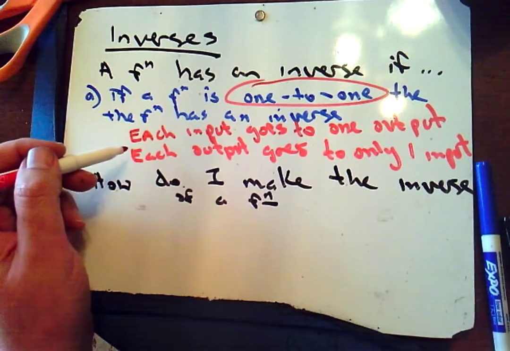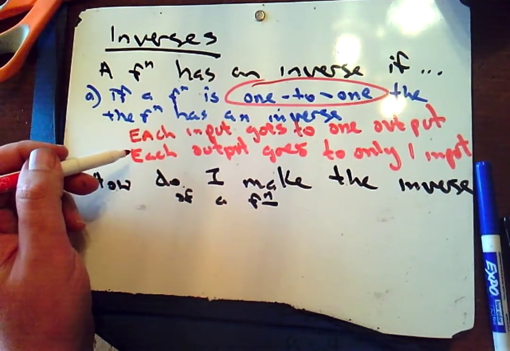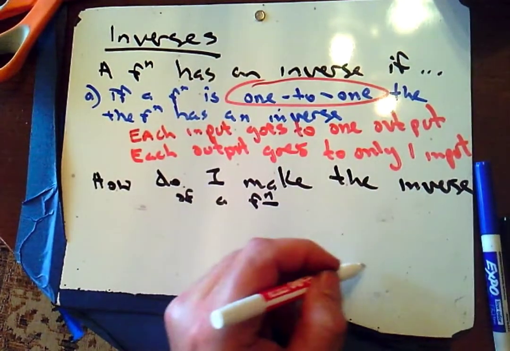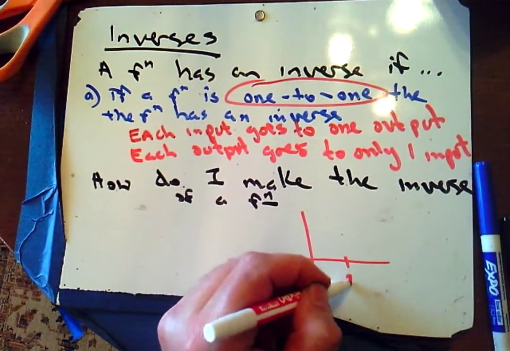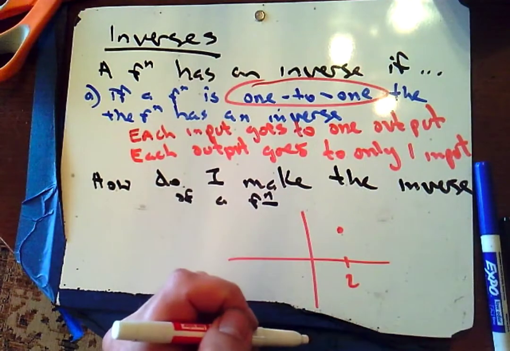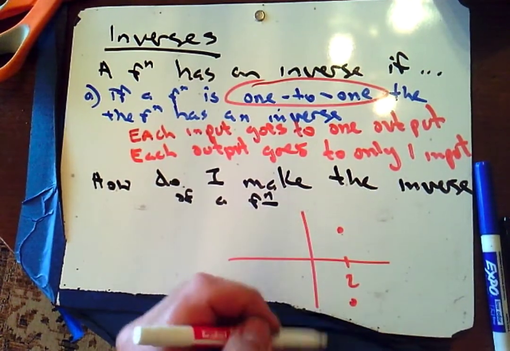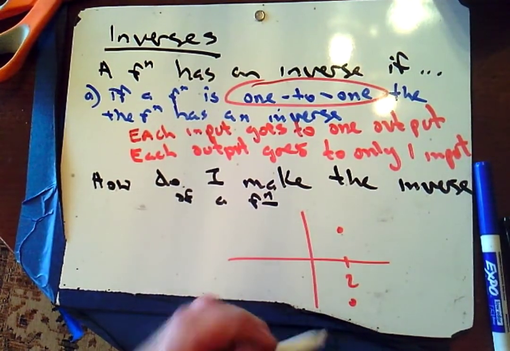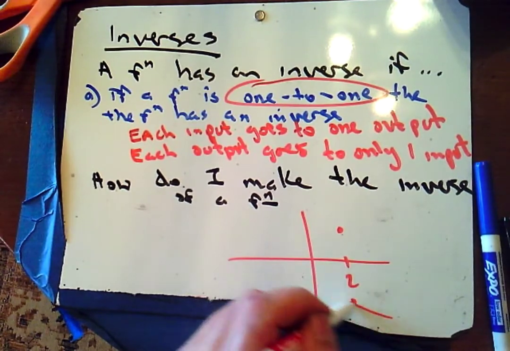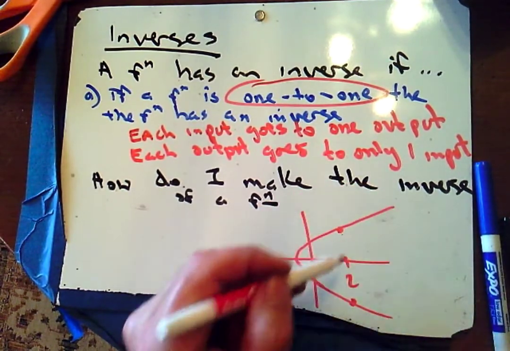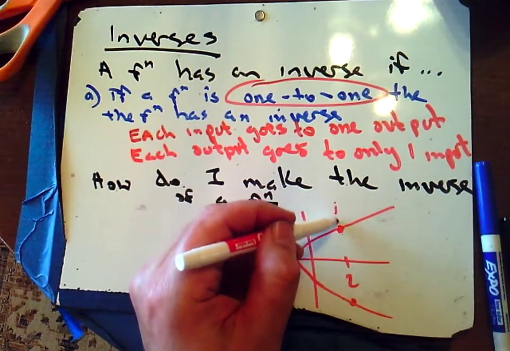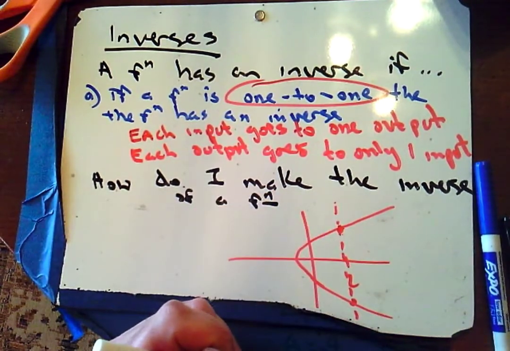So the first part is each input goes to one output. So if I have the input of 2, I'm only going to get one y value there. I'm not going to get two different y values there. And you know what it would mean if I had two y values there? It would mean that I wasn't a function.